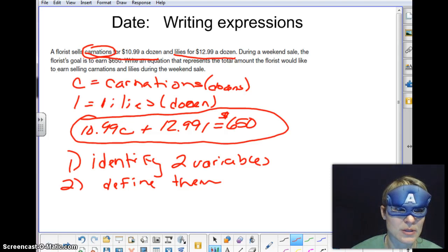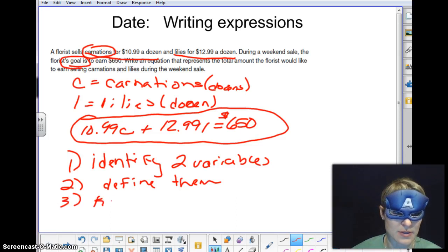Okay, the goal, the total is to earn $650. So you know that's the final thing. That's your equals. Okay, so we're looking for keywords after that that tell us what we're looking for. So if the goal is $650, we want to earn $650, right?